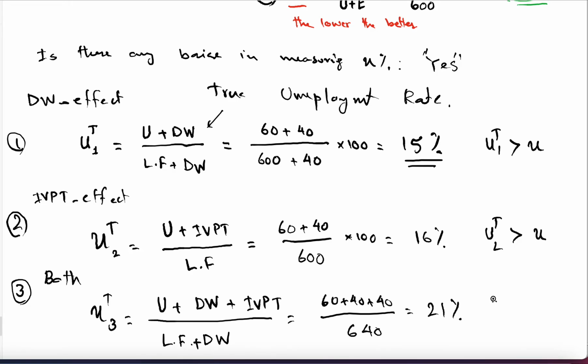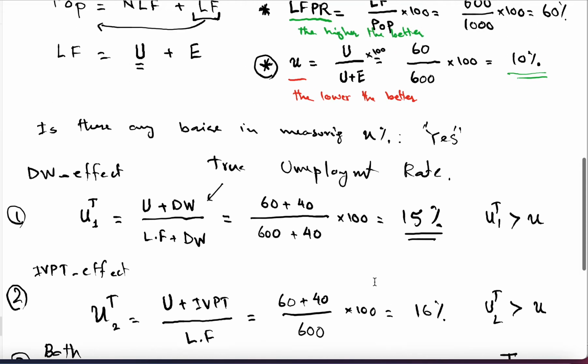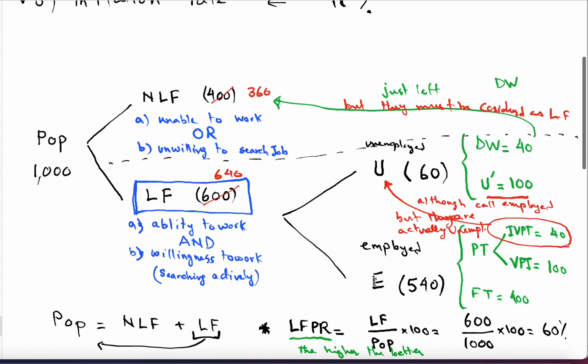So again, in a general case, the true unemployment rate is often bigger than the actual unemployment. Sometimes we put the A here as actual, the true and actual. So economists are saying that there is this issue of the definition of employed and unemployed, labor force and non-labor force.